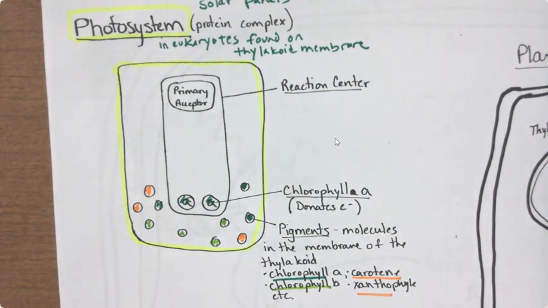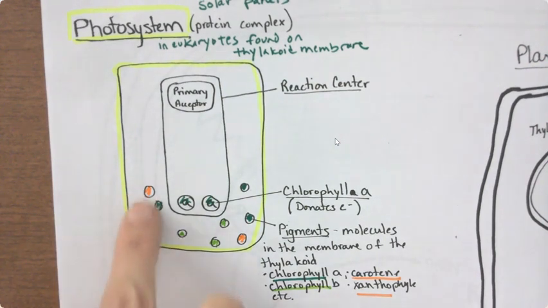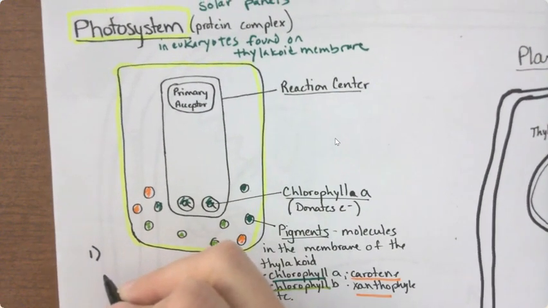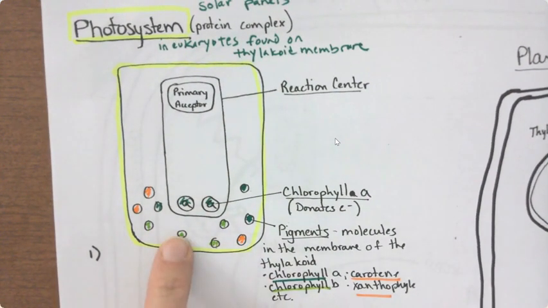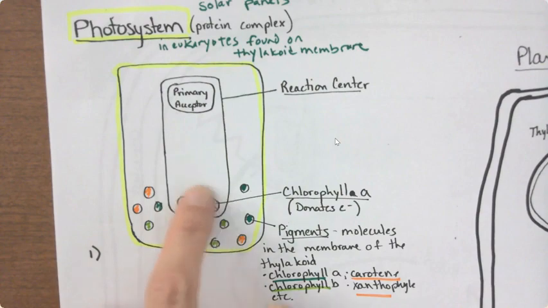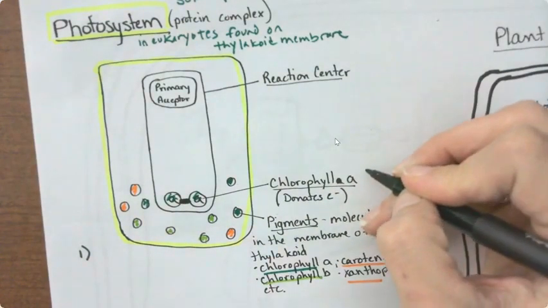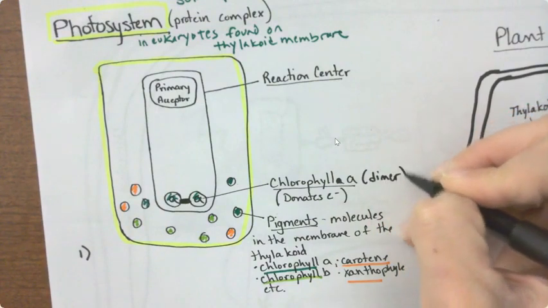So what happens in a photosystem? How does it collect energy? First of all, these pigments capture light energy and transfer it via excited electrons to this chlorophyll A dimer, meaning these two chlorophyll A molecules are stuck together in the center of the molecule.